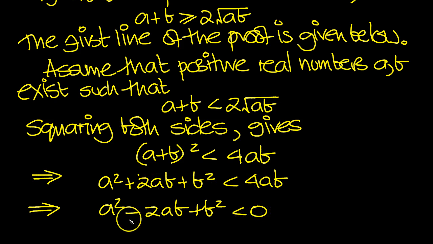We've just moved this over there, and so this implies now that a minus b squared is less than 0.